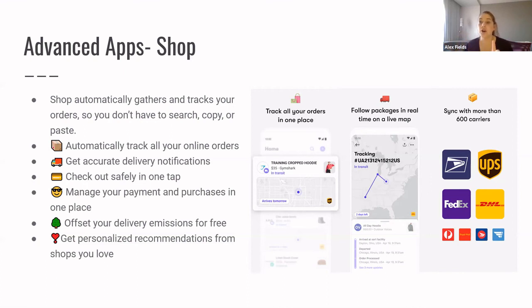It has your card information, so you can place orders through the app. Again, this is a really great way to track your packages. I feel like it works on magic, because all you do is type in your address and it somehow knows all of the packages that are going to be delivered to your home. Does anybody have any questions about the Shop app?